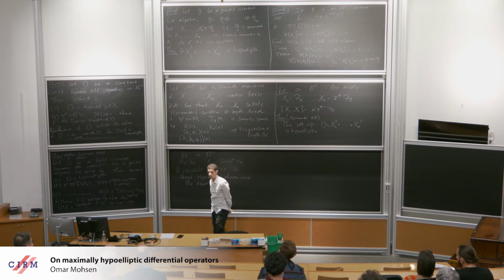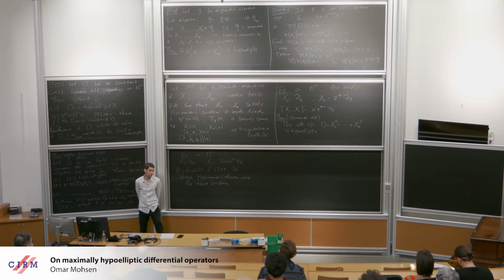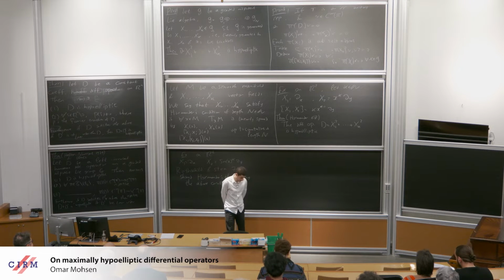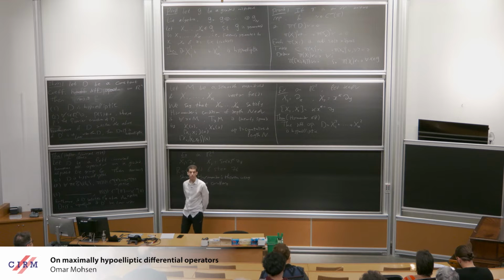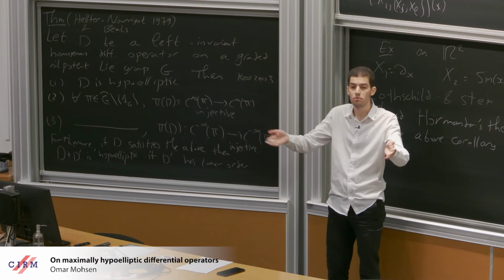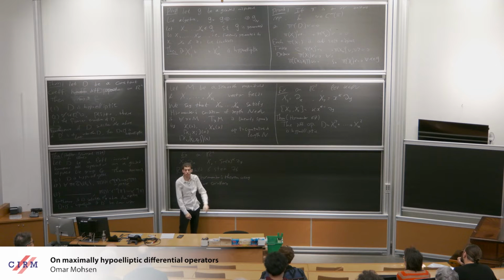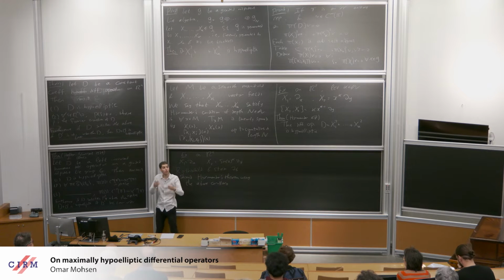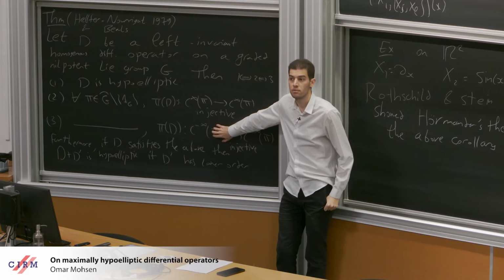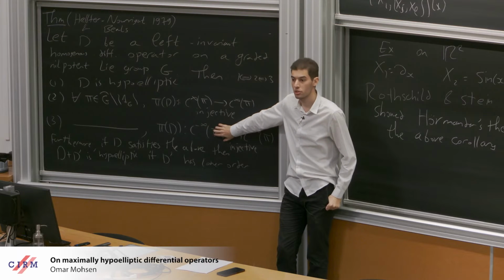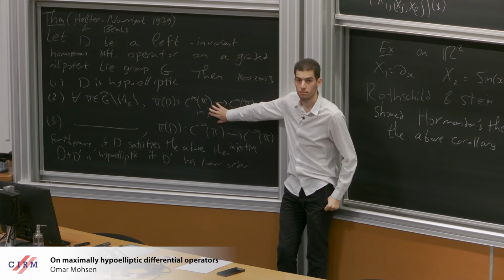Now this promoted Helfer and Nourrigat to make the following conjecture. Suppose you have a differential operator given by some formula using some vector fields, X1 to Xk. And suppose that this formula, not necessarily a sum of squares, some other polynomial, satisfies this injectivity condition, so it is hypoelliptic.